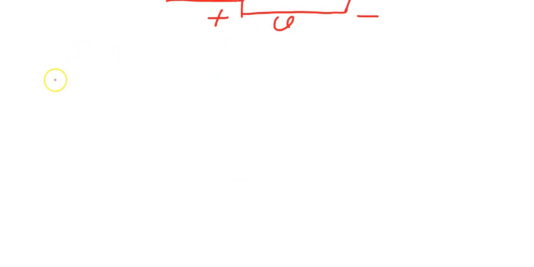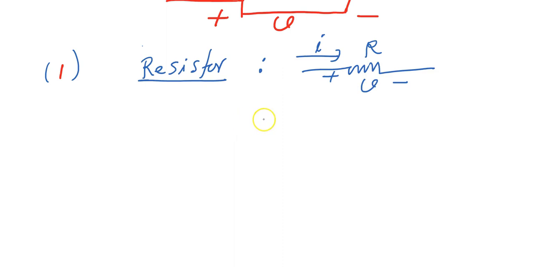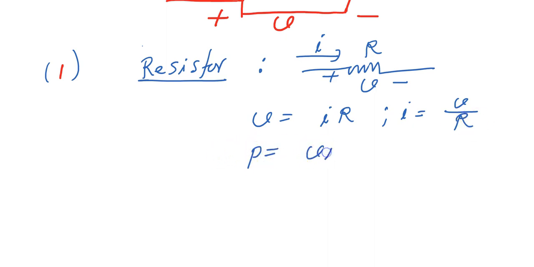So we'll discuss the basic elements. The first one is the resistor. The voltage and current relations for the resistor are V = I R and I = V/R. Power is equal to VI, the instantaneous power.